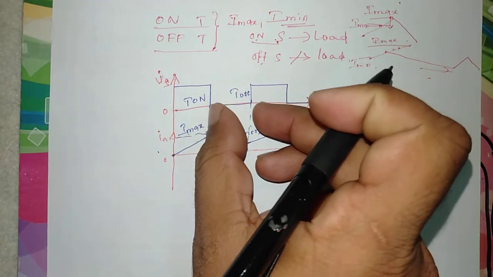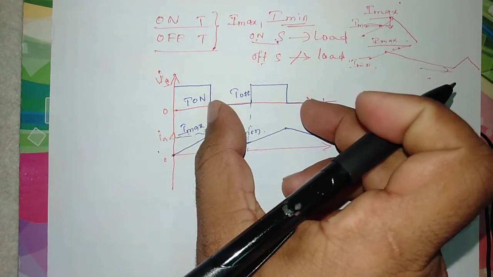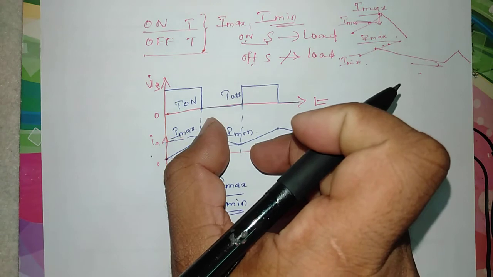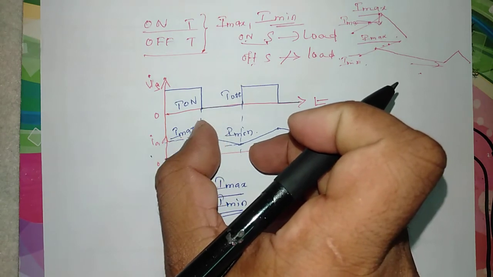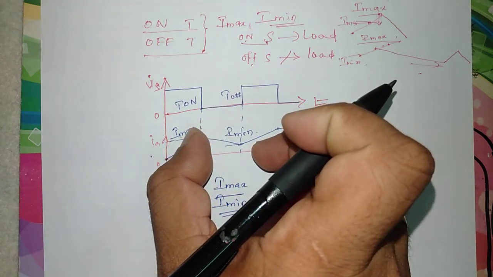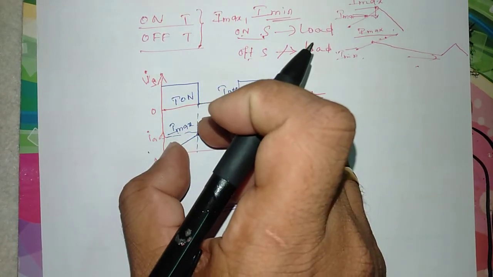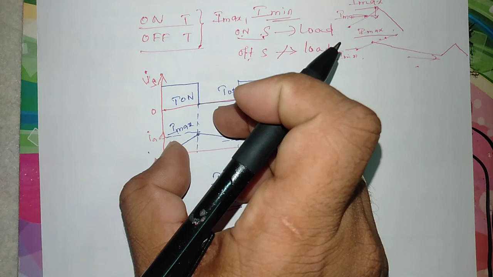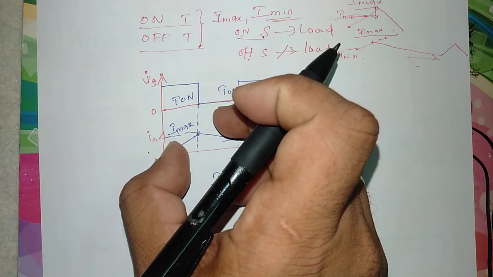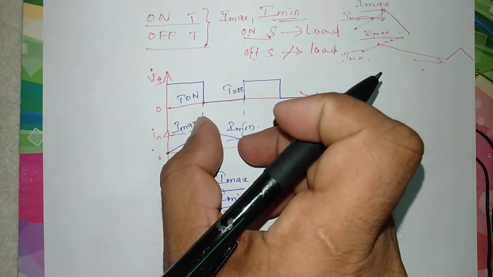If I increase the off time to maximum, I will get less minimum current and less maximum current. If I increase the on time, I will have a higher maximum current and a lower minimum current.